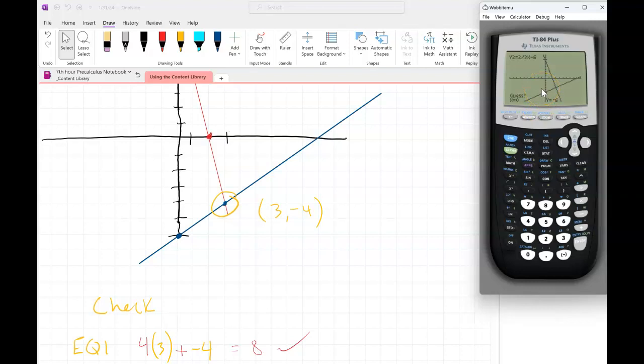But in the case of these linear equations, where there can be one intersection at most, the guess doesn't even matter. So I'll just press enter again. And it spits out the intersection is 3, -4. Done. Everybody okay there?